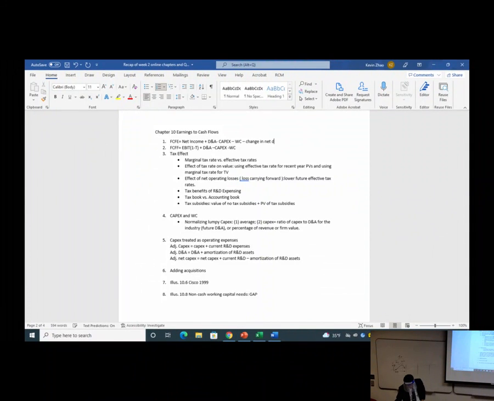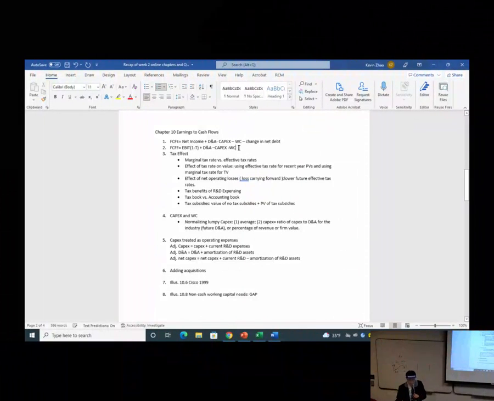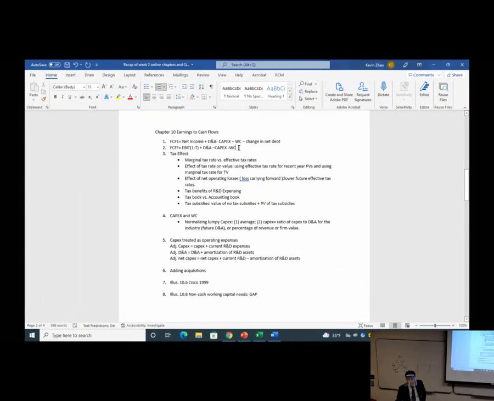Right. FCFF, on the other hand, starts with EBIT. So if, for example, the company issued stock, and technically they raised equity, is it going to affect the change in working capital? Because technically we have more equity. That's a very good question, right? That cash is not part of free cash flow to equity because it's not from operation.